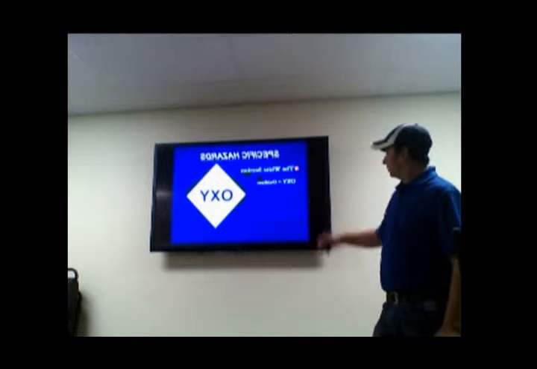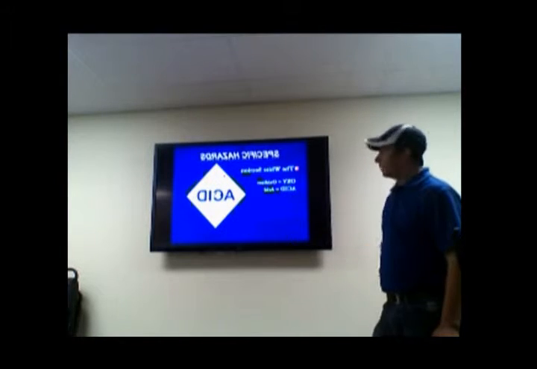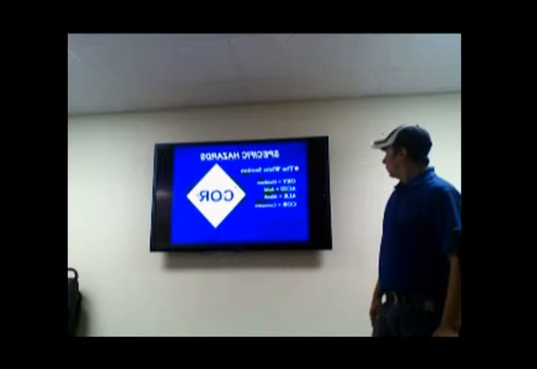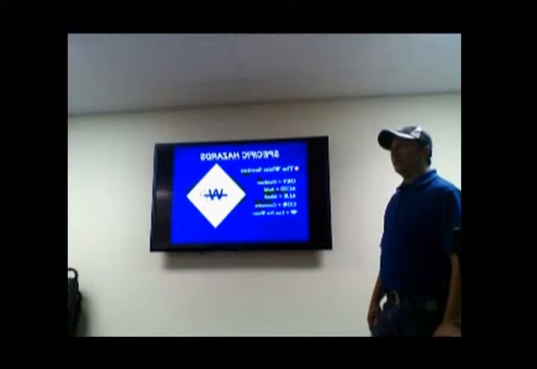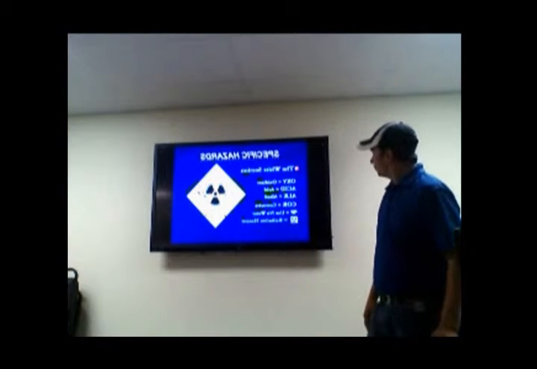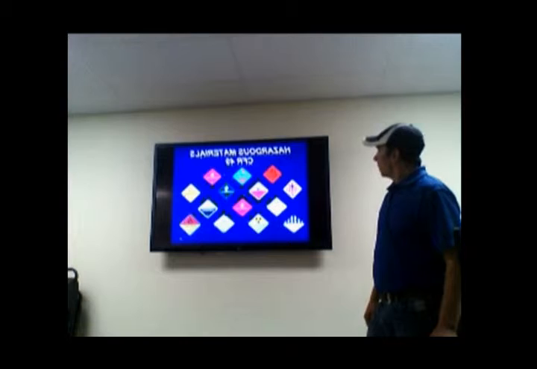So to go over the white section, we have OXY, which is oxidizer, ACID equals acid, ALK alkali, COR corrosive. And a W with a line through it means don't use water with it. And then, of course, our radiation hazard.